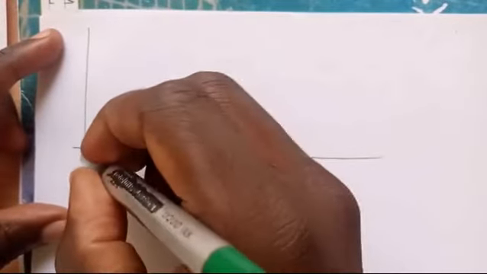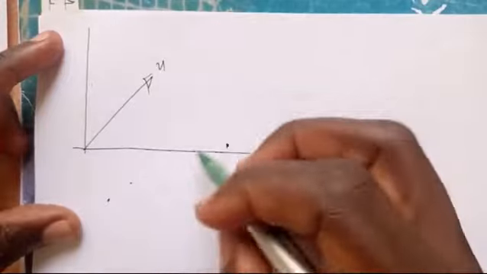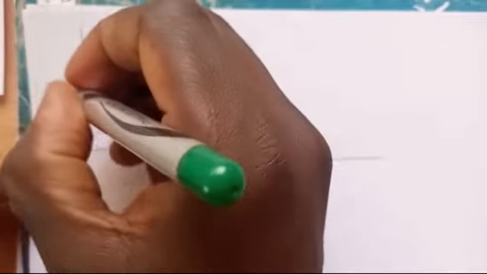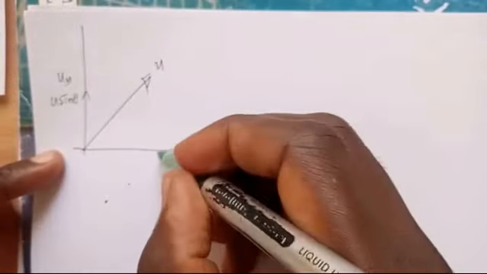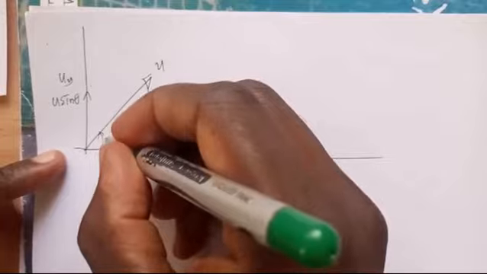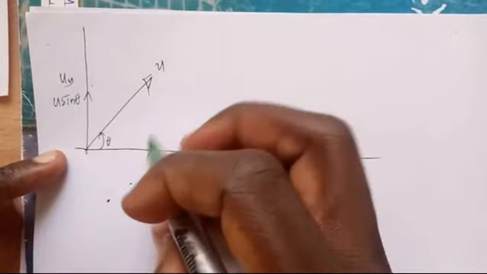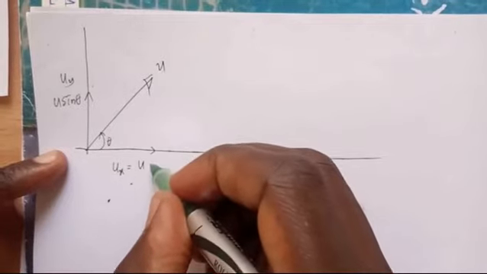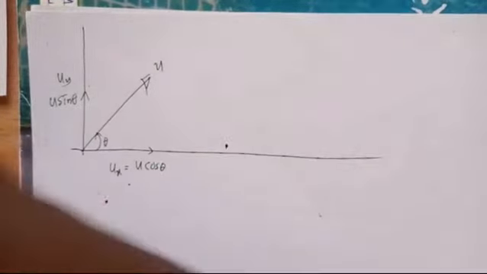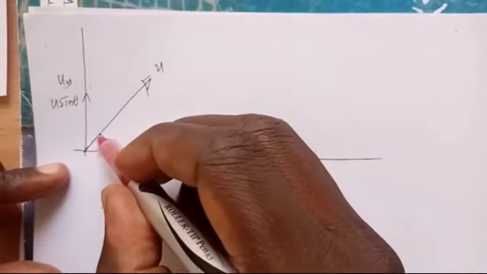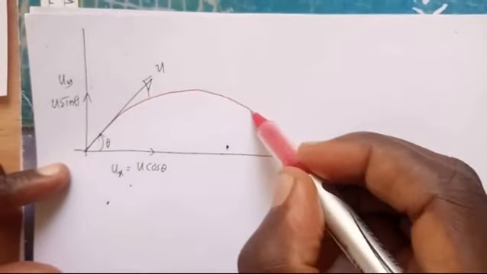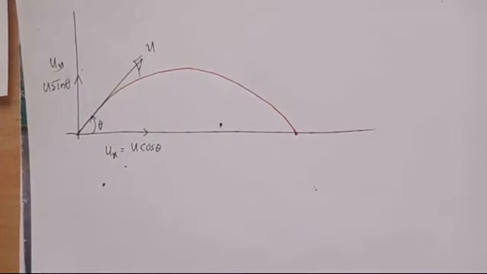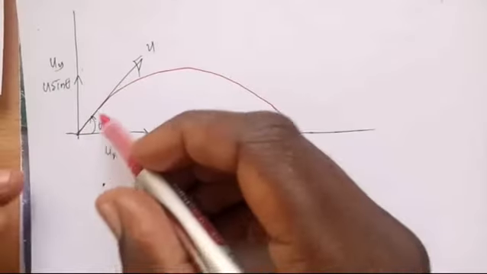The projectile is projected with an initial velocity u, and then here you have u sine theta as your u sub y, and then here you have the angle of projection theta, and then here you have u sub x, and this is u cos theta, and we have the trajectory here.